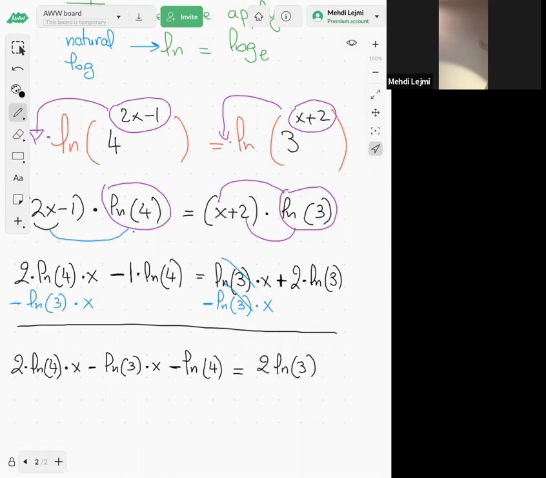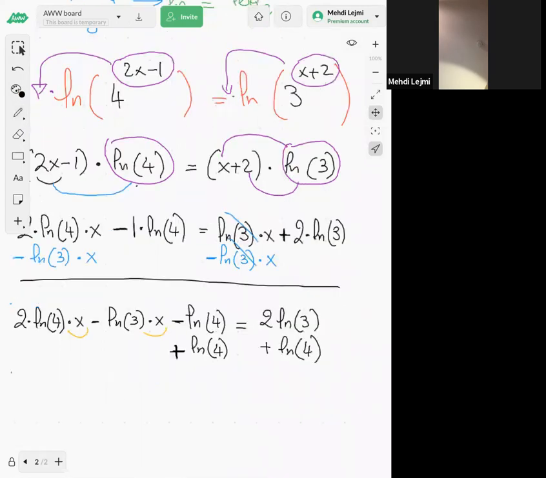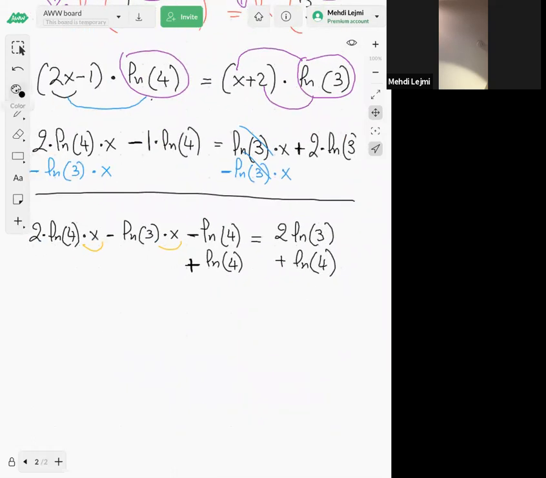Now, you see here, there's an x in here, there's an x in here. I can factor out the x, but before factoring out x, I'm going to add. This is minus natural log of 4, so I'm going to add plus natural log of 4 to both sides. Minus natural log of 4 plus natural log of 4, they would cancel out.